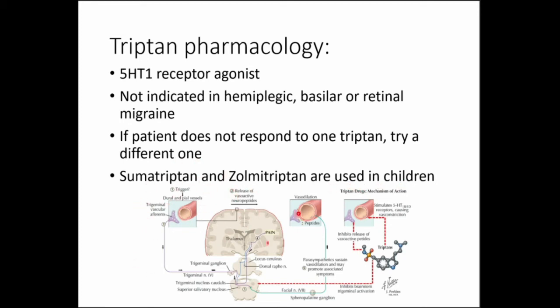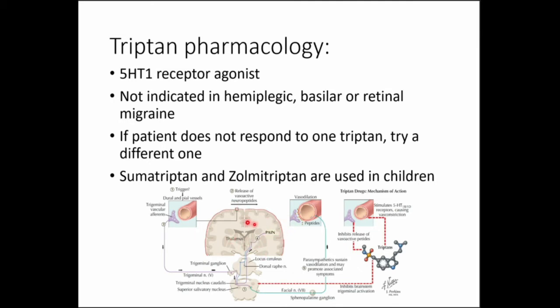So as I mentioned with regards to the pathophysiology, you have some sort of trigger. This may be the aura, which is the spreading cortical depression, which then leads to the release of vasoactive neuropeptides and the activation of trigeminovascular afferents. This then leads to the sensitization of pain. Furthermore, parasympathetics may sustain vasodilation and promote associated symptoms.